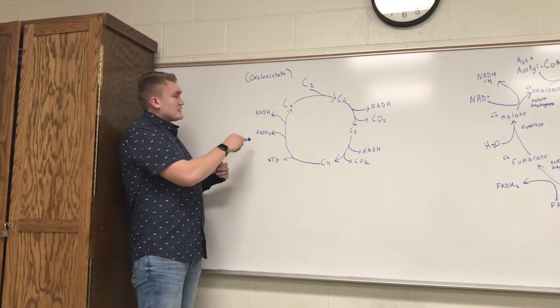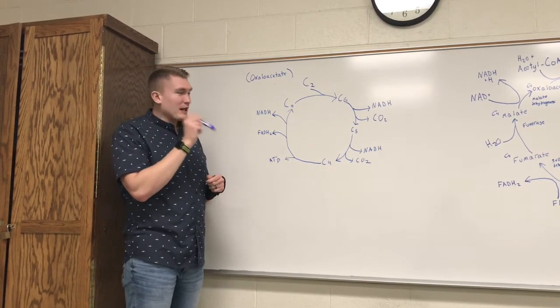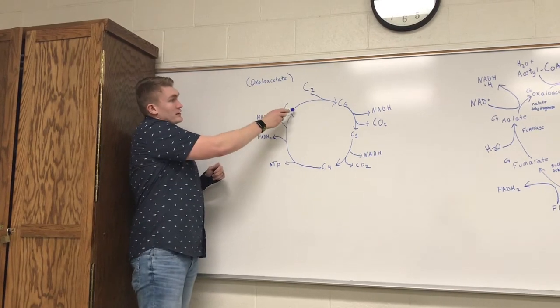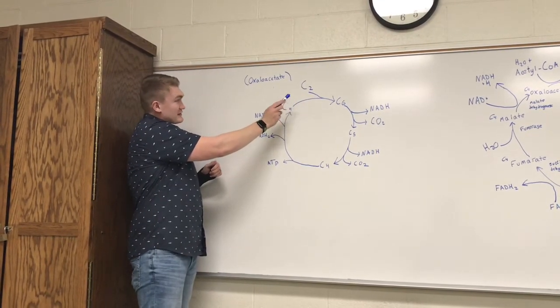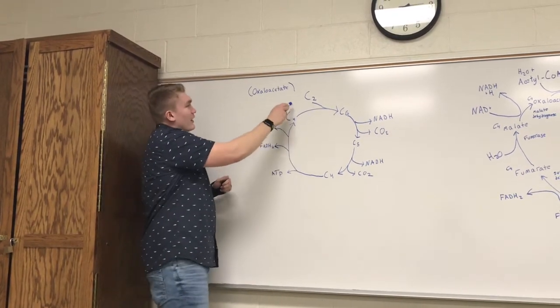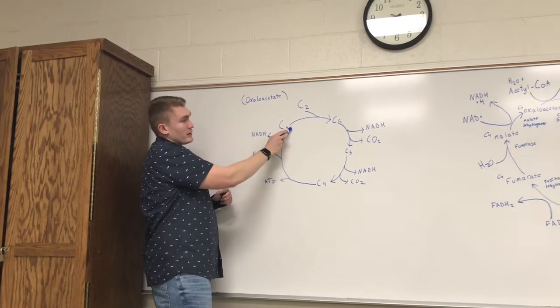Okay, so this is a simplification of the citric acid cycle. We'll go into the nitty-gritty here in a minute, but just an overview. Citric acid cycle starts with oxaloacetate, which is a mouthful. We have our acetyl-CoA comes in. Oxaloacetate is a 4-carbon molecule.